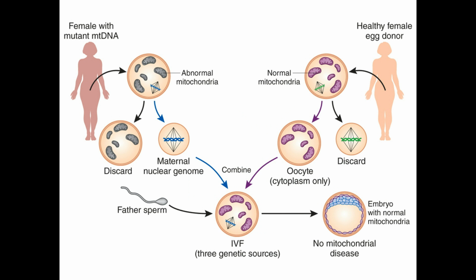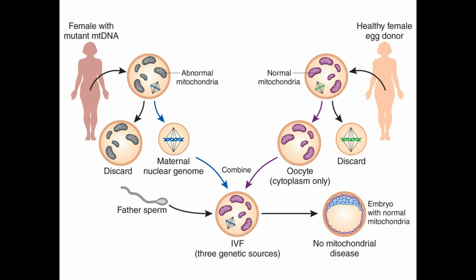Now, what about individuals that have mitochondrial disorders? There's a way around that. This particular procedure is being tested in Britain. The United States is looking at possibly approving the procedure.